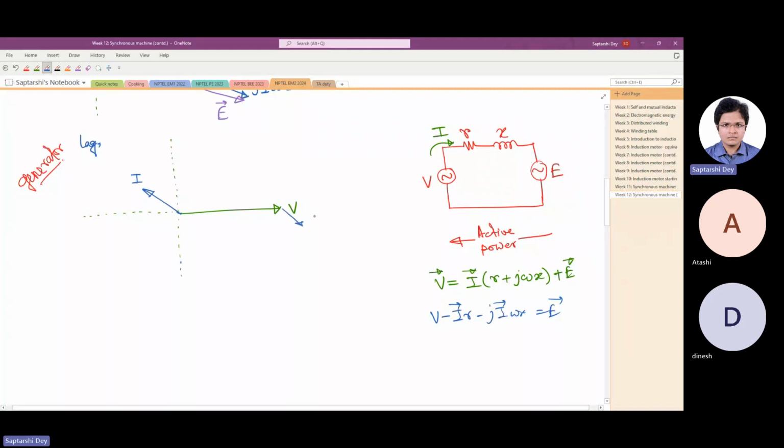Let us say this much is the IR. And here is where I made the mistake last day: j omega, oh sorry, why am I writing omega x? It's omega L. J omega L, that is x, or R plus jx.